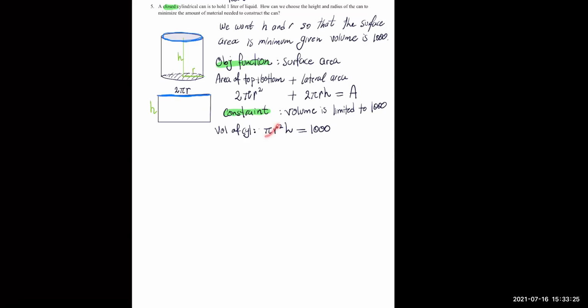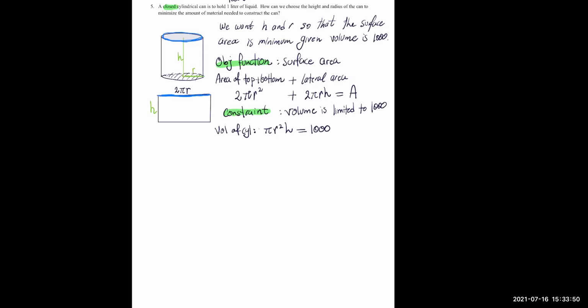What does this volume equation give us? Again, this is an equation that relates R and H. And you can solve this equation for either R or H to plug in here to make this an equation of only one variable. Now, what do you solve for? It's up to you.